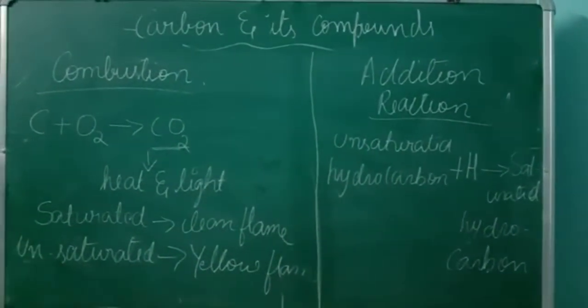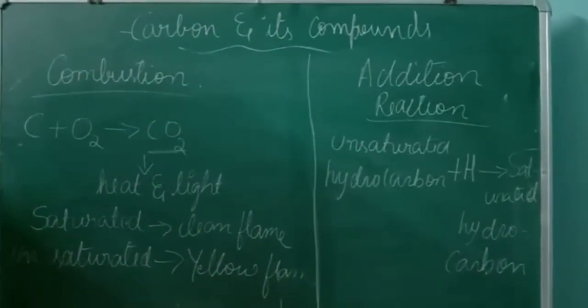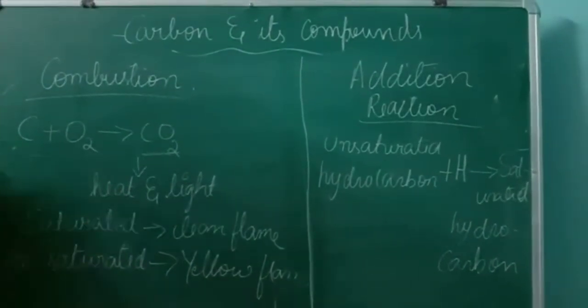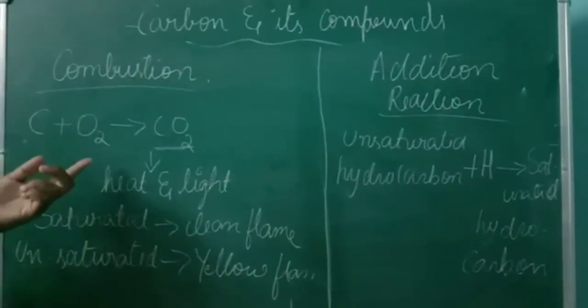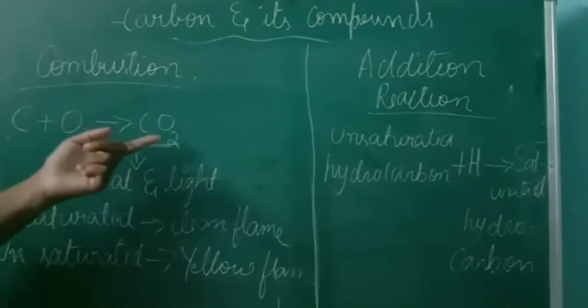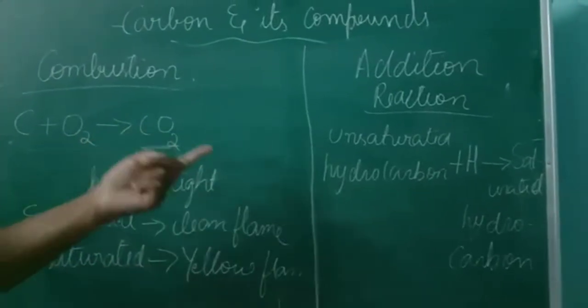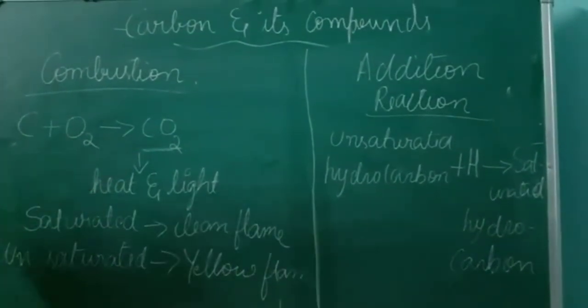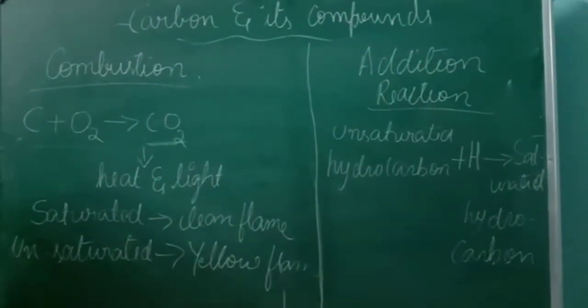Here combustion means a burning process. So here we are taking a small example of carbon and oxygen. C stands for carbon and O stands for oxygen. When we combine carbon and oxygen, we obtain a product as CO2, wherein CO2 means carbon dioxide. So when carbon dioxide is produced, automatically heat and light will be produced.